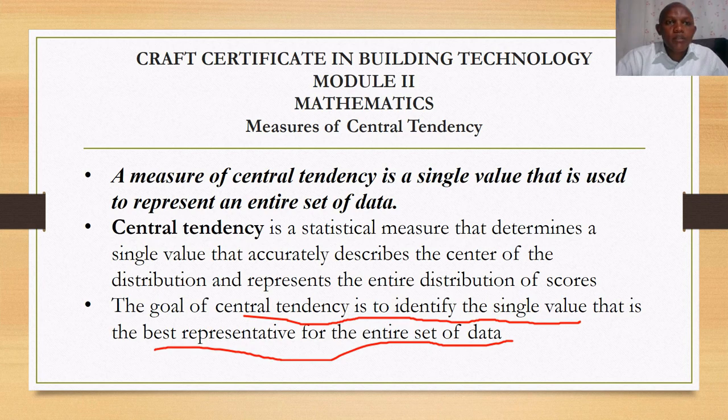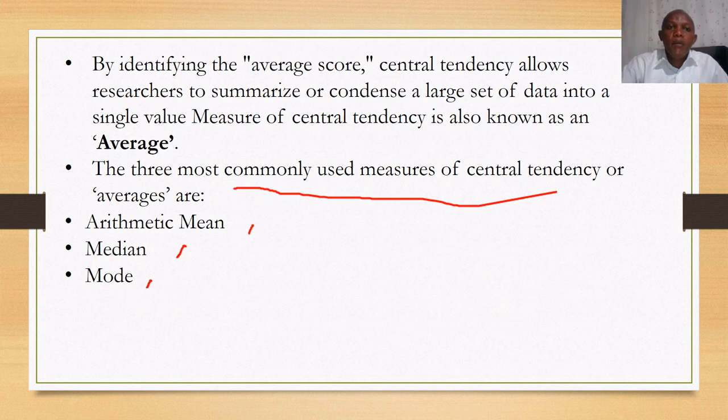That's what we're saying about a measure of central tendency. Now, the mean, the mode, and the median are basically called average in simple terms, and we have said there are three most commonly used measures of central tendency. And these are the arithmetic mean, the median, and the mode.